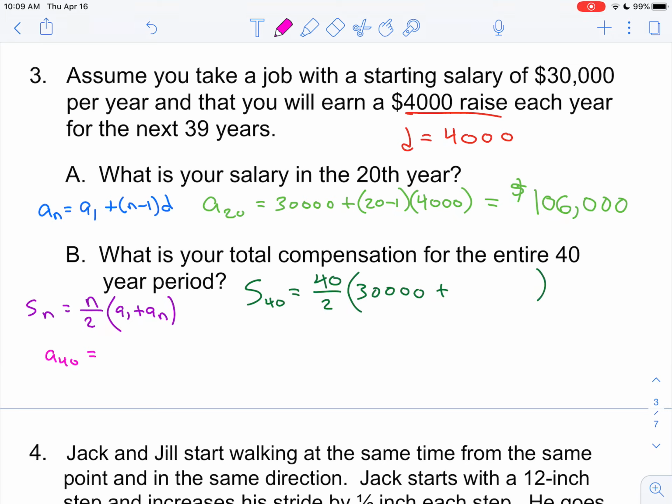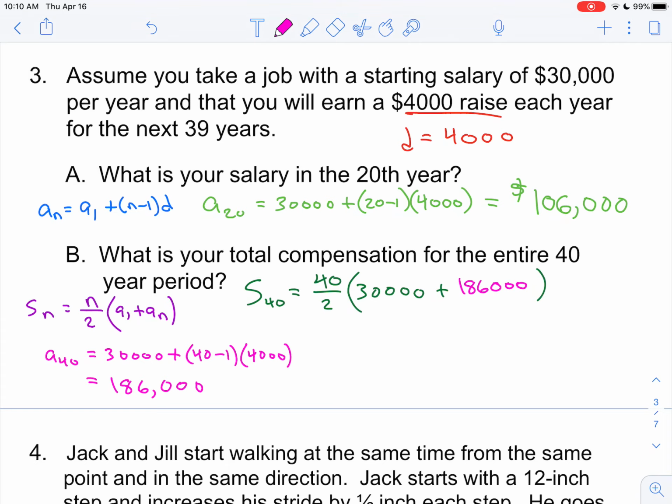We're going to do that the same way that we did part A. So 30,000 plus 40 minus 1 times d. Grab that calculator. And so it turns out the 40th year all by itself, ooh, this is nice, $186,000.